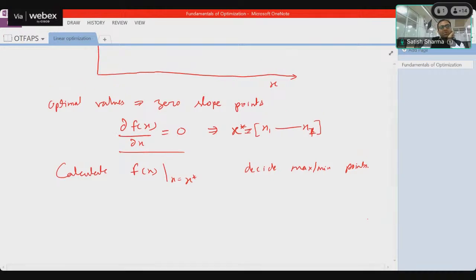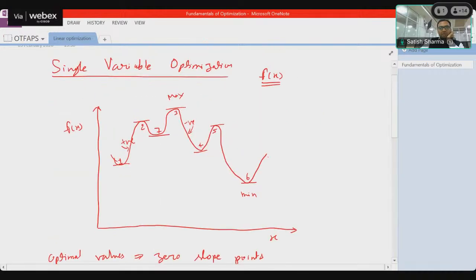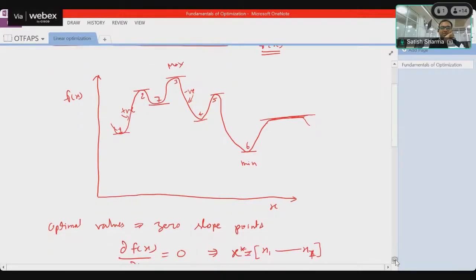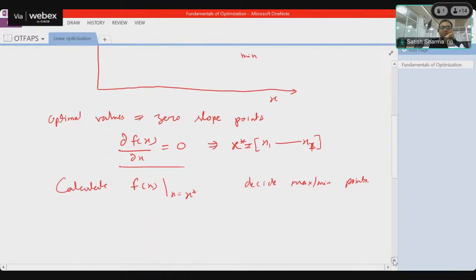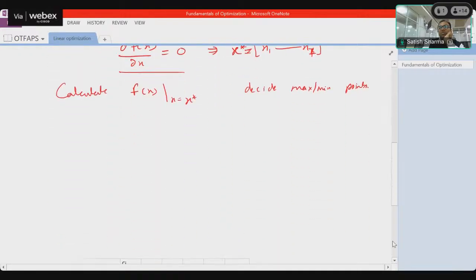What happens sometimes is that, instead of this, let's say if I extend this particular one, and it is a straight line for quite some time, so the slope is 0 for quite a long time, and those situations may also arise, and you will get a very large number of points, where for all of that range of x, the slope is 0.